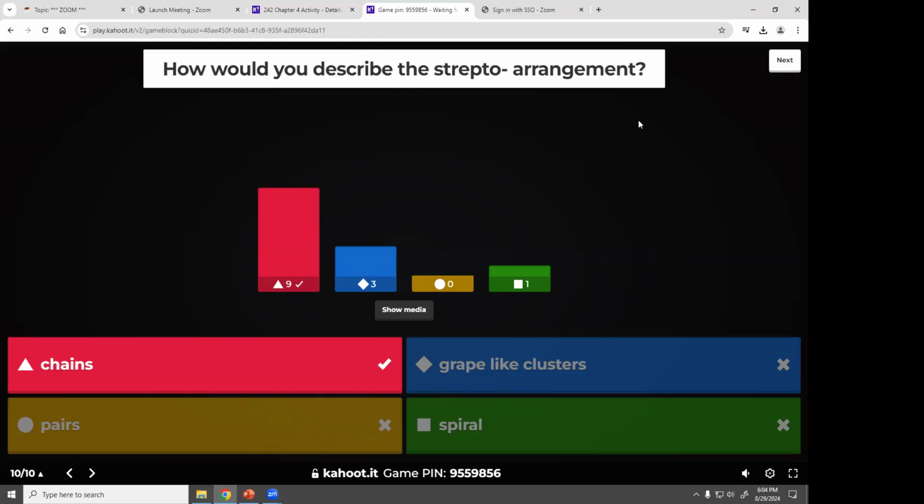In case you haven't been picking up on what I'm writing up on that board, we're about to get real comparing to some endospores. So that's why I want you guys to be sure that you understand what an endospore is, because fungi and protozoa are going to be making structures that are going to make you even more confused. Okay. So chains, exactly right. You guys got that one. Strepto is like a strip.